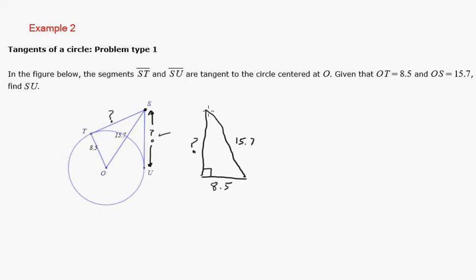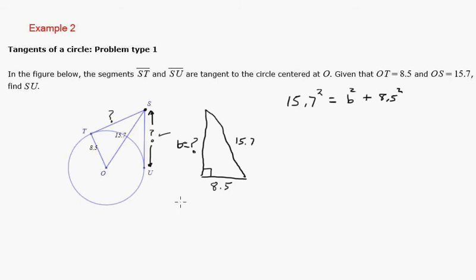This is the hypotenuse, so that's c squared. So 15.7 squared is equal to, let's call this b, b squared plus 8.5 squared.